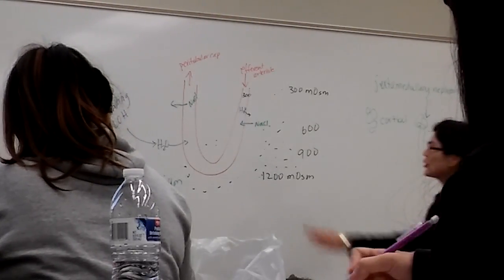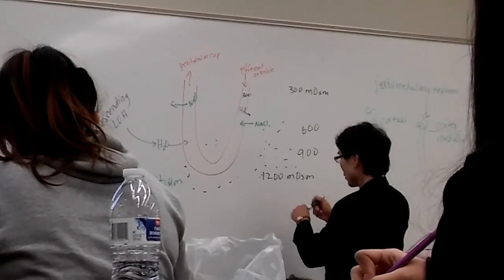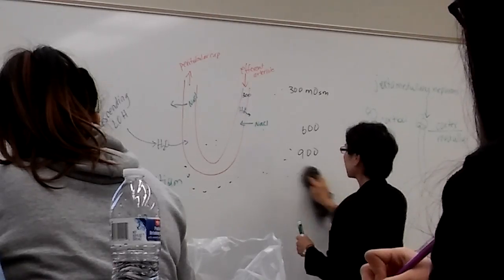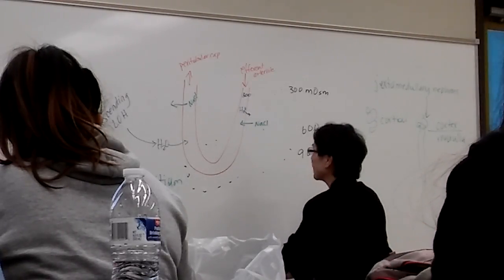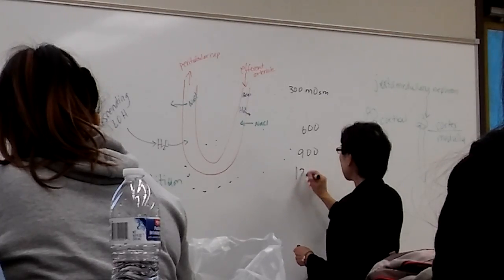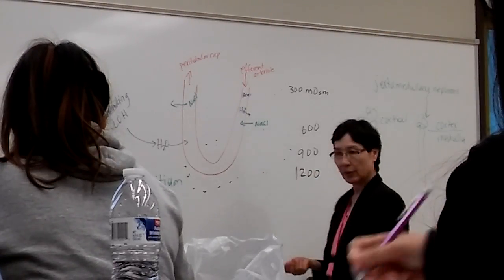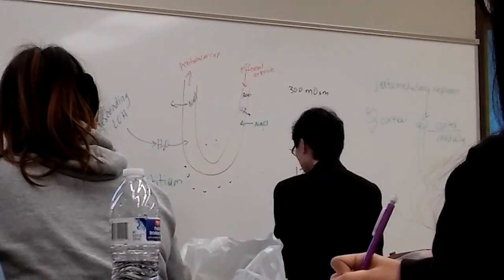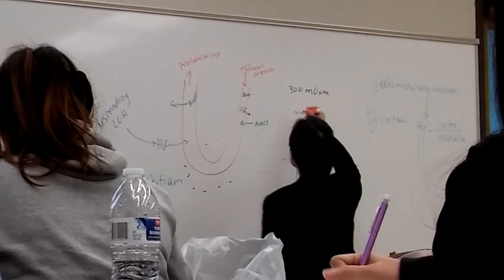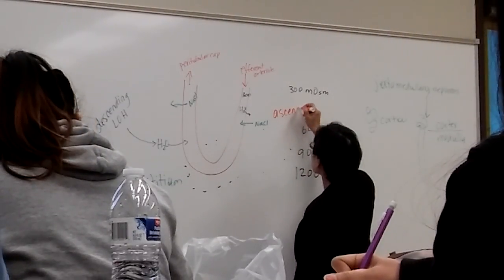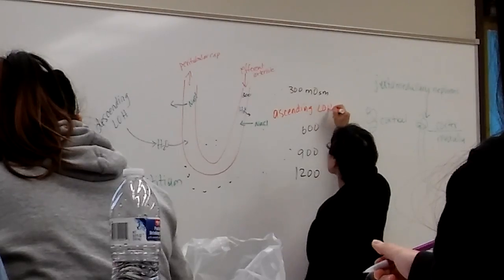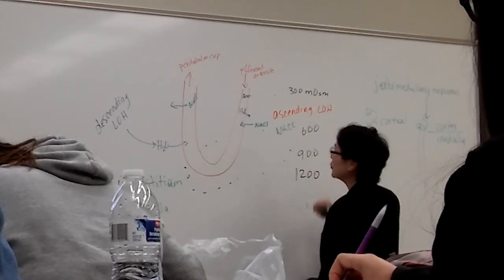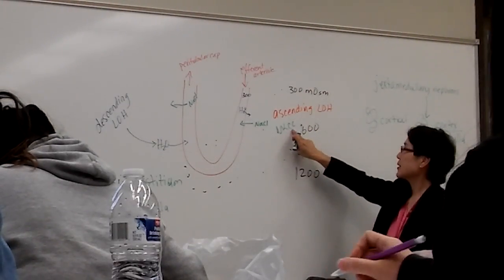Okay. So there's your descending loop of Henle. You can throw in your ascending loop of Henle. And what's the ascending loop of Henle doing all this time? Releasing what? Yeah. So we're going to draw the ascending loop of Henle actively pumping out salt, using the NKCC transporter: sodium, potassium, and 2 chlorides.